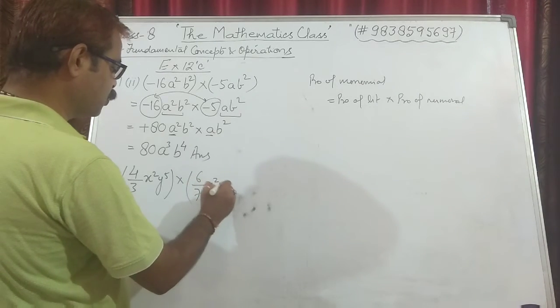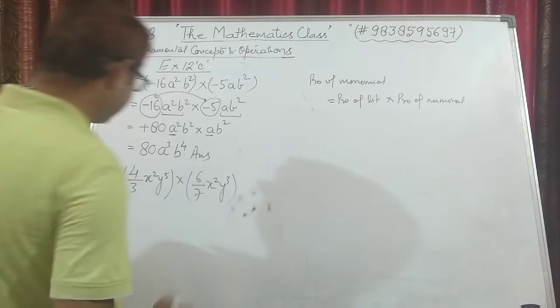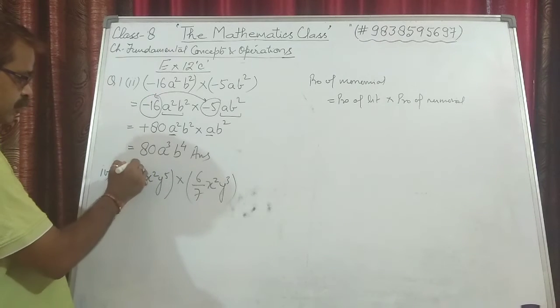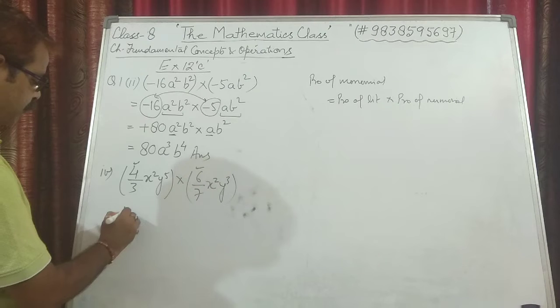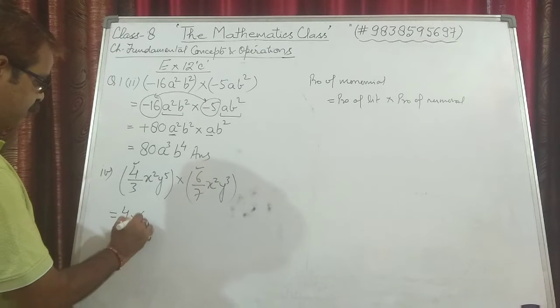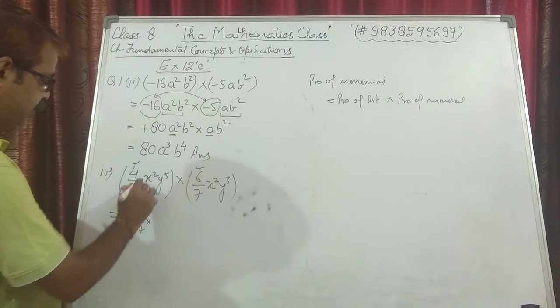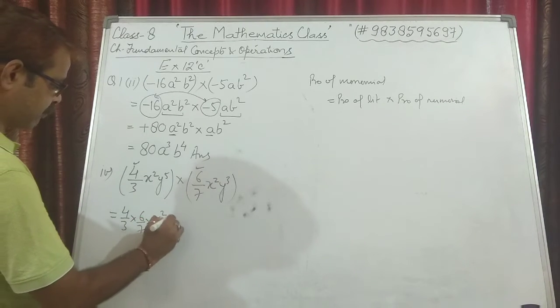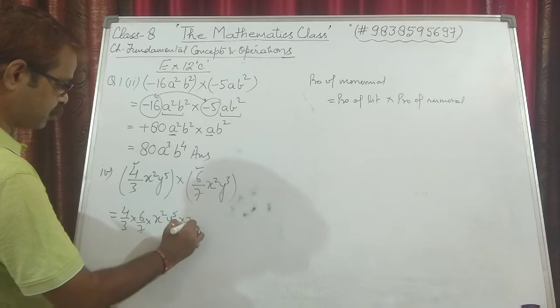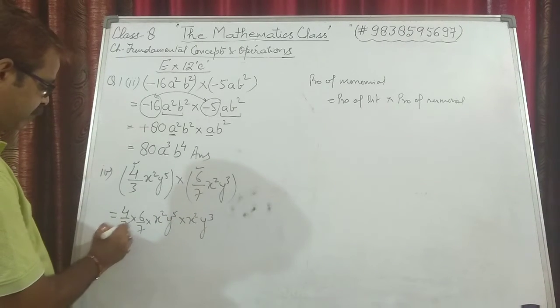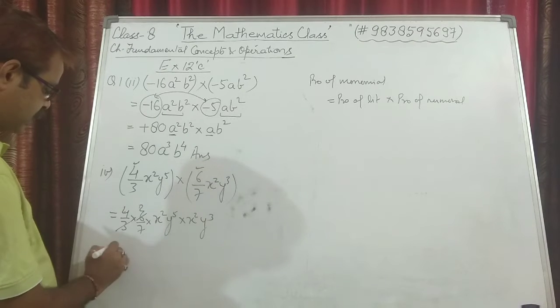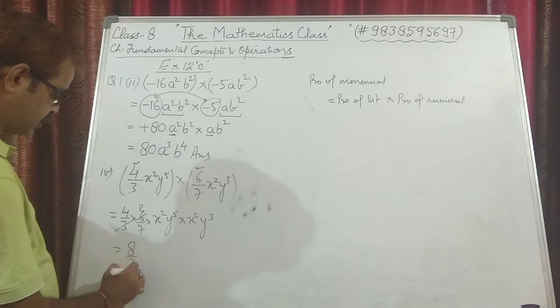Again, what we'll do, this numerical coefficient and numerical coefficient we'll multiply first. So 4 upon 3 into 6 upon 7 into x square y to the power 5 into x square y to the power 3. So 3 ones are 3, 3 twos are 6, 4 twos are 8, it will become 8 upon 7.